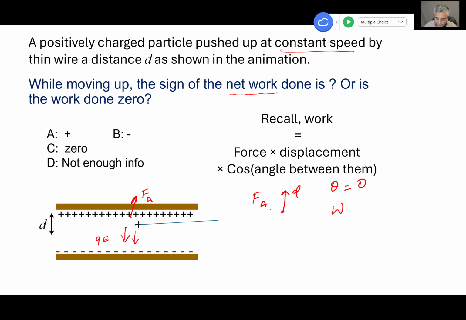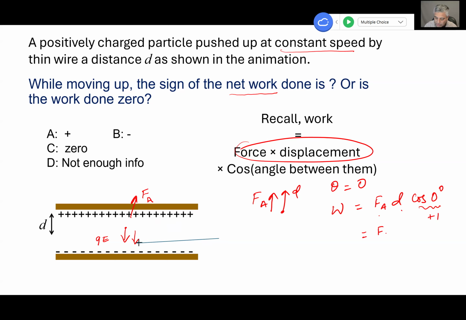So work done is F applied times D, force times displacement times cosine of the angle between them. In this case, it is 0 degrees. Cosine 0 degrees is positive 1. So it's doing work Fa times D when it is lifted by a distance D, for example.